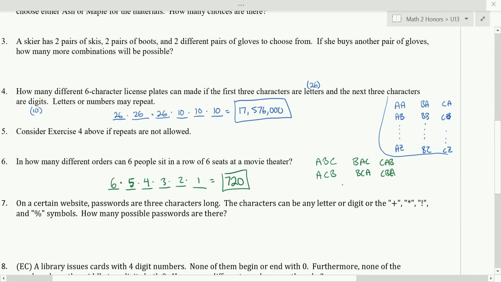So that's 6. So would that work? Let's see. Well, my method was 3 choices and 2 and 1, and I multiply that together to get 6. And so that, on a smaller scale where I can compare 2 methods, gives me confidence that what I did on a bigger scale worked. I don't want to list out all 720, but I can list out 6. That's not bad, right? So 720 is what we want.